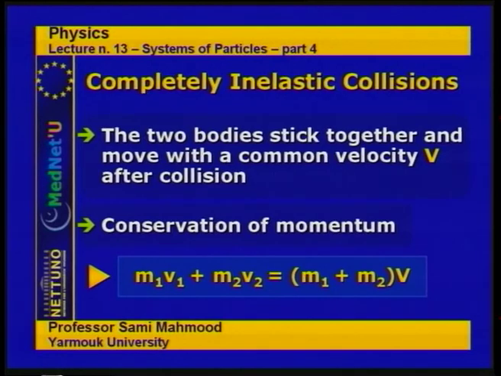Thus, we have one equation only, which comes from the conservation of momentum, and that says that the initial momentum of the system, which is simply the momentum of the first object m1 v1 plus the momentum of the second object m2 v2, is equal to the final momentum, which is the momentum of one combined object with mass m1 plus m2 and final velocity capital V. So we have this very simple equation which involves only one unknown, which is the final velocity of the combined object after the collision has taken place.